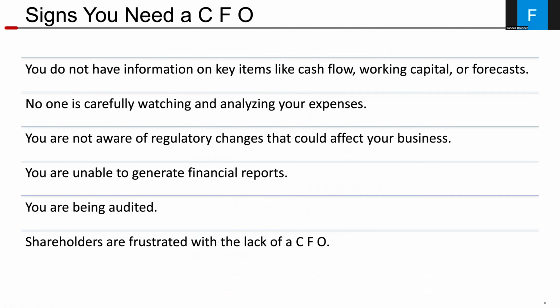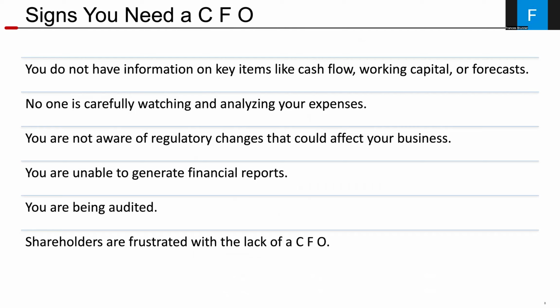So this slide mentions signs that you need a CFO. These are not entirely exclusive to the CFO role, but they're definitely part of the full function. And when your business starts to expand to the point where they become a problem, then you might need financial leadership, such as a CFO. So you may not have information on key items or forecasts.